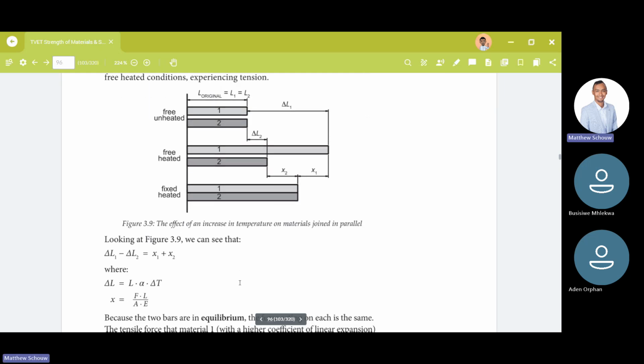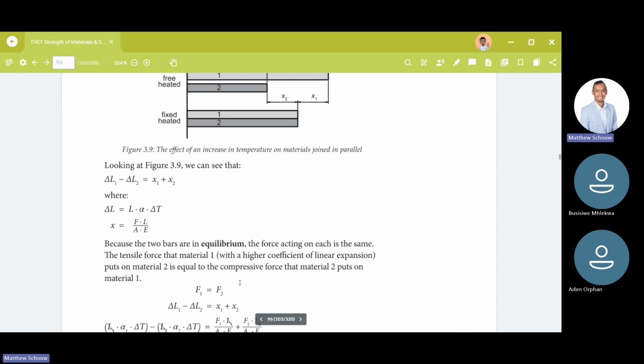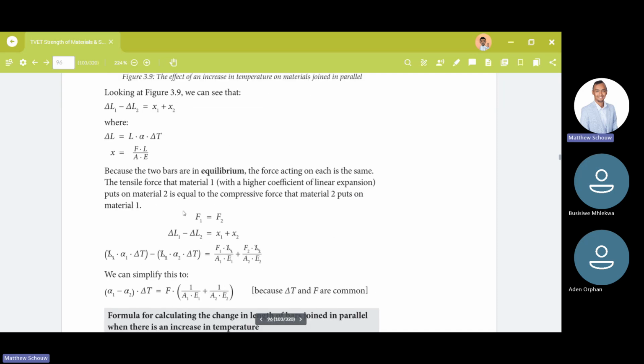So you don't have to essentially know all of this, but what is key is that you need to know two things. The first thing is that the forces are equal because they're both fixed, and the fixed part is essentially the reason why the materials are getting stressed, because it's being compressed or being pulled.